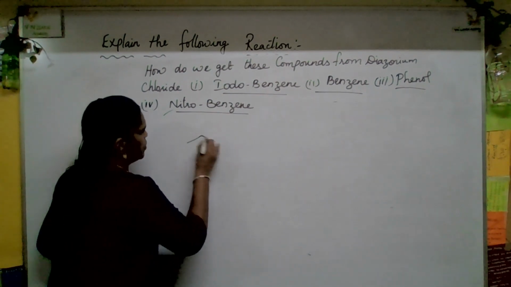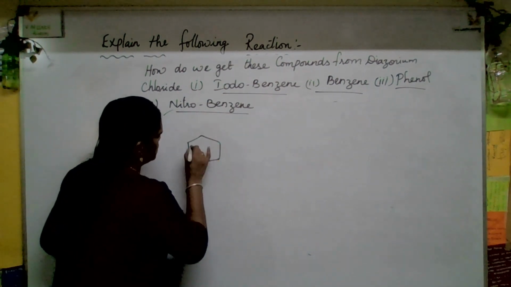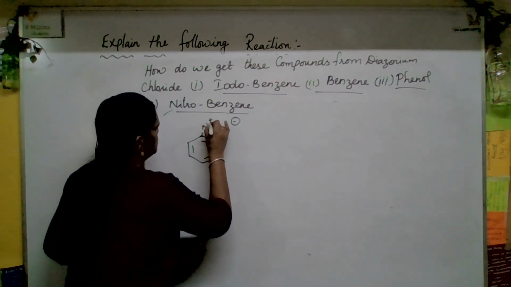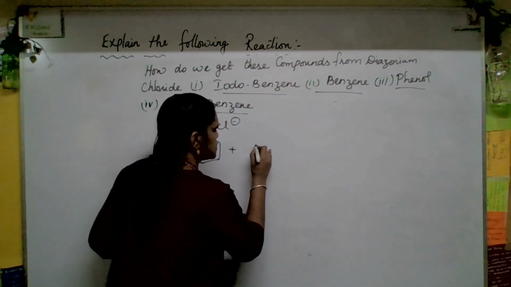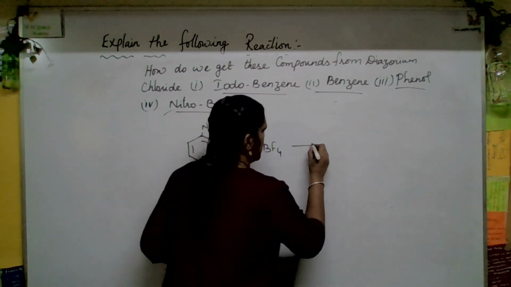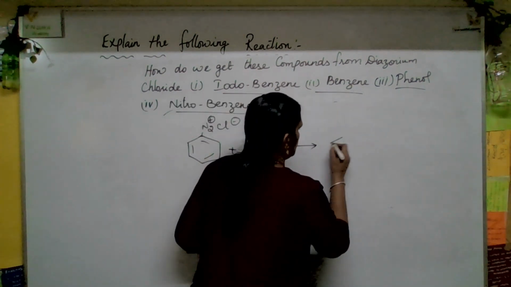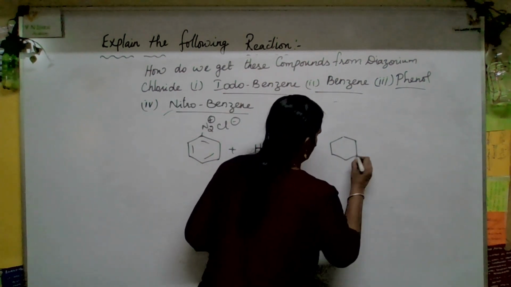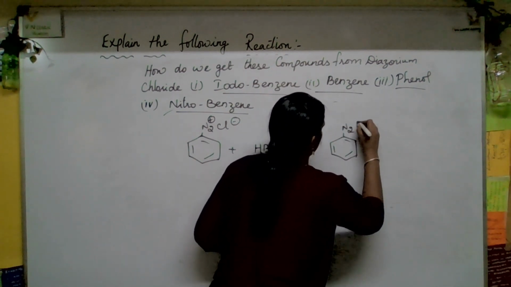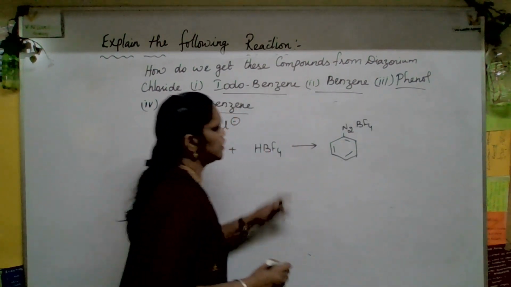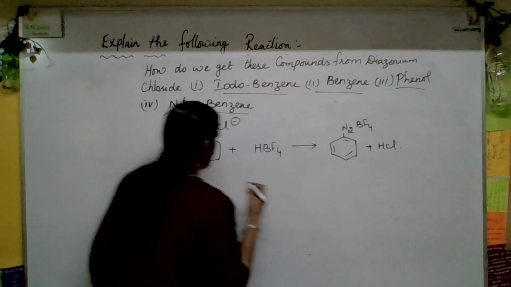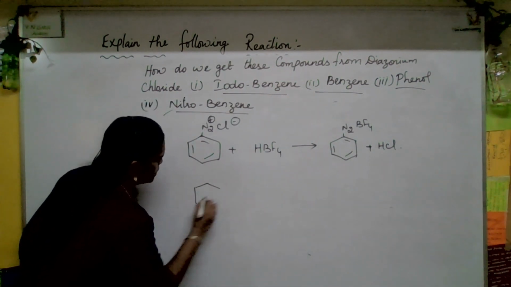Now diazonium chloride, N2+ Cl-, combined first with HBF4, hydrogen fluoroborate. Now you are getting diazonium fluoroborate, N2 BF4, plus HCl.